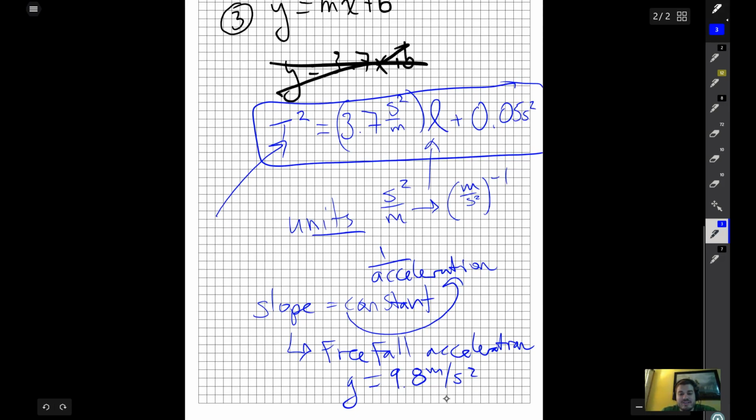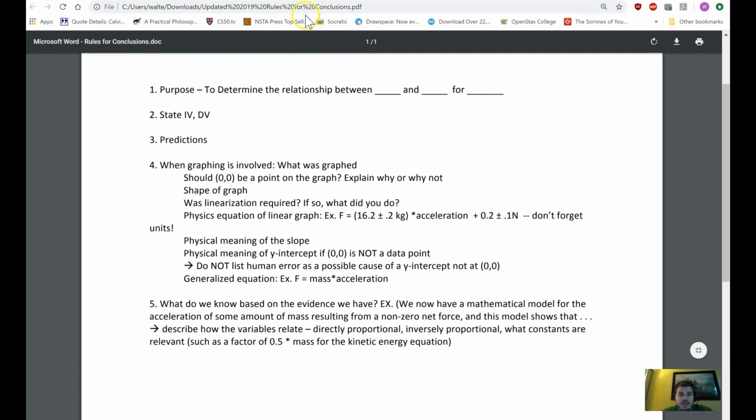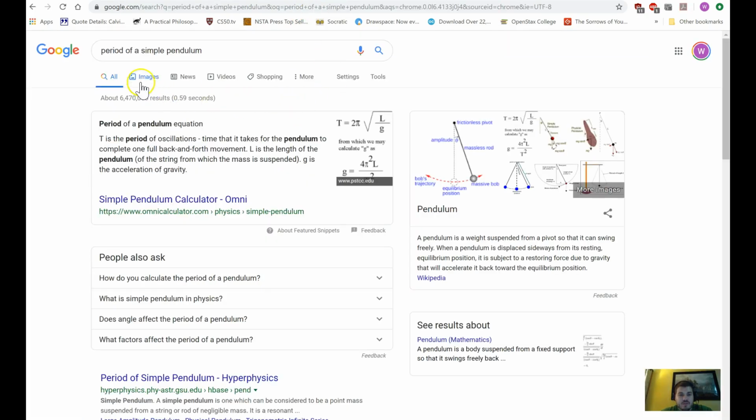Now, unfortunately, if we take the inverse of that, if we do 1 over g in our calculator, we obtain this value of 0.10 seconds squared per meter, and that's nowhere close to our slope. In March, we will learn where this comes from, but for now what you can do is just go to Google and search period of a simple pendulum and see what equation we obtain.